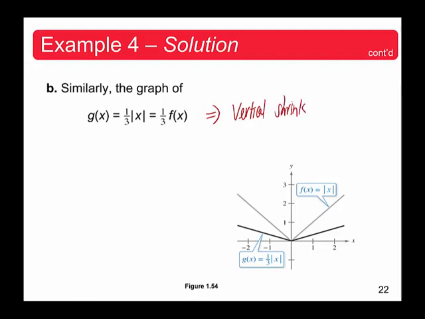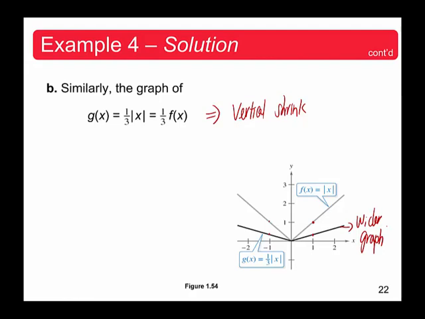That tells us for the same x values, the y value becomes 1/3 as much. So that's why you make it a lot wider graph, and a wider graph gives us a vertical shrink, right?